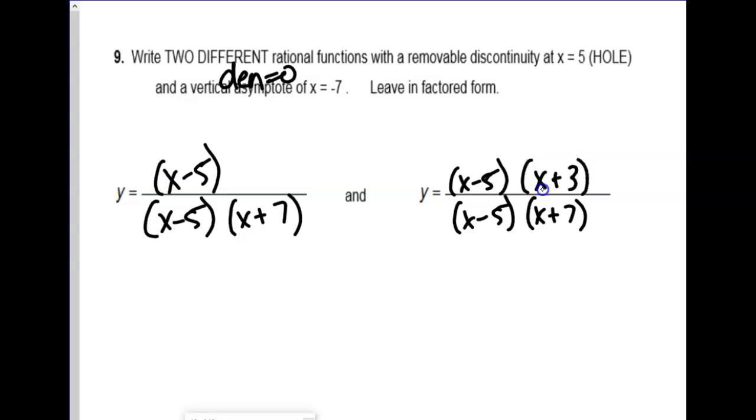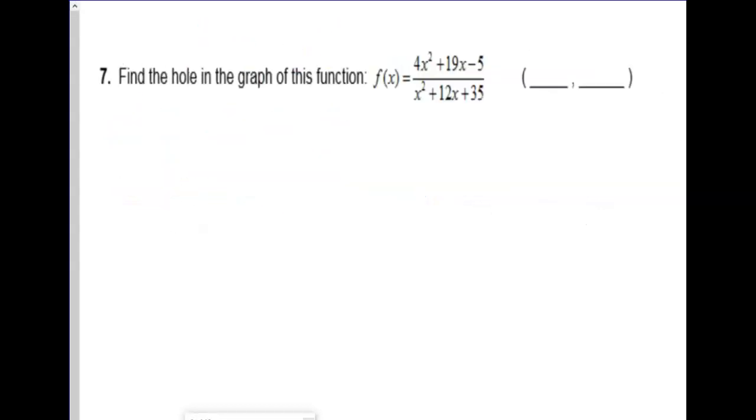Would that change the fact that there's a hole and a vertical asymptote? No. So your gift to your teacher tomorrow is that you're not going to get too creative. Please. Because then I got to think really hard about whether you're right or not, and then I get crabby. So just stick to boring level writing equations, okay? Real boring.